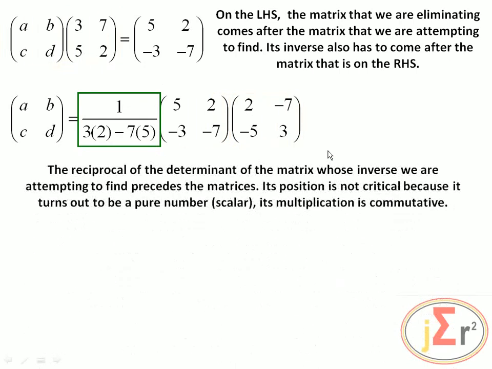Its position is not critical because it turns out to be a pure number, which is a scalar. Multiplication by a scalar is commutative, so this may be placed anywhere, but we cannot do that with the matrices.